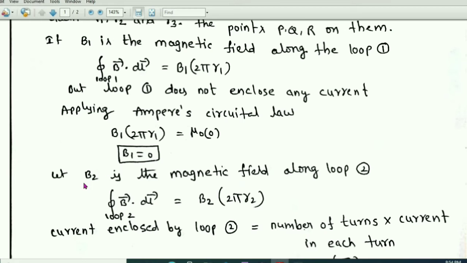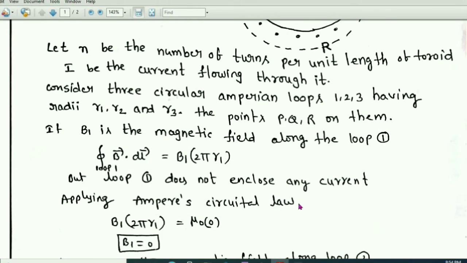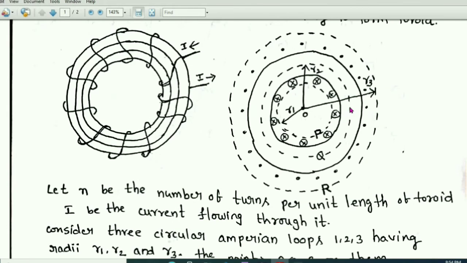Now let us say B2 is the magnetic field along the loop 2. This second dotted line is the loop 2, and R2 is the radius of the loop 2. Along the loop 2, the magnetic field is B2.